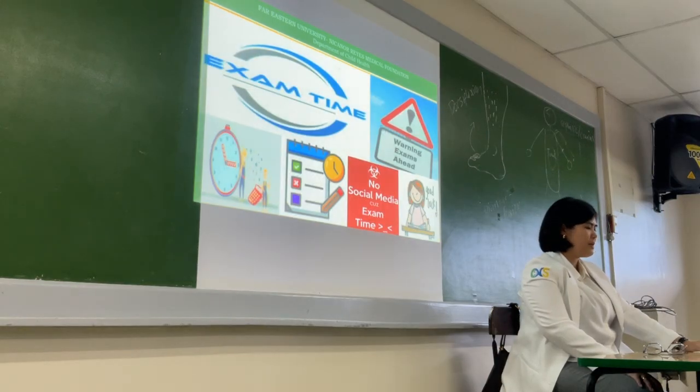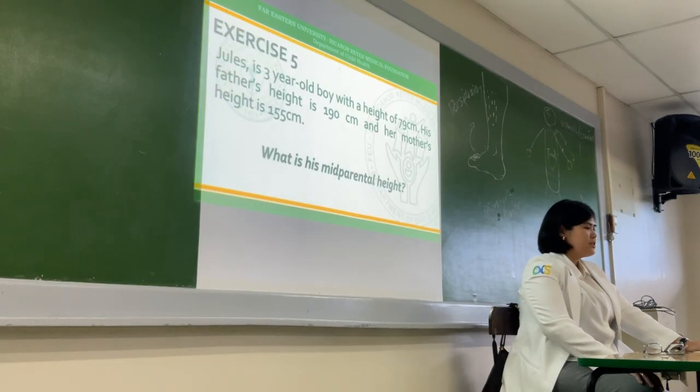Practice. You have a 3-year-old boy with a height of 79 centimeters. The father is 190 and the mother is 155 centimeters. What is the mid-parental height?